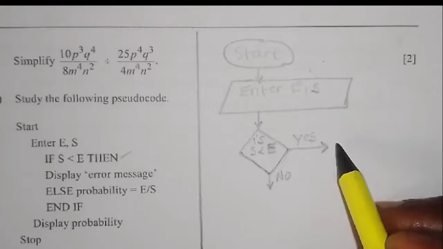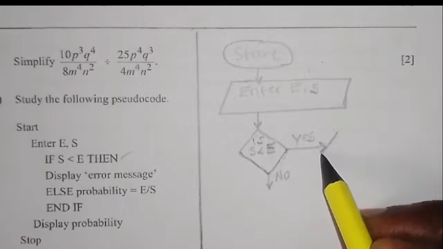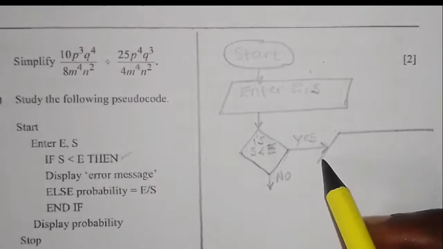So this is going to be a trapezium where we are outputting something.